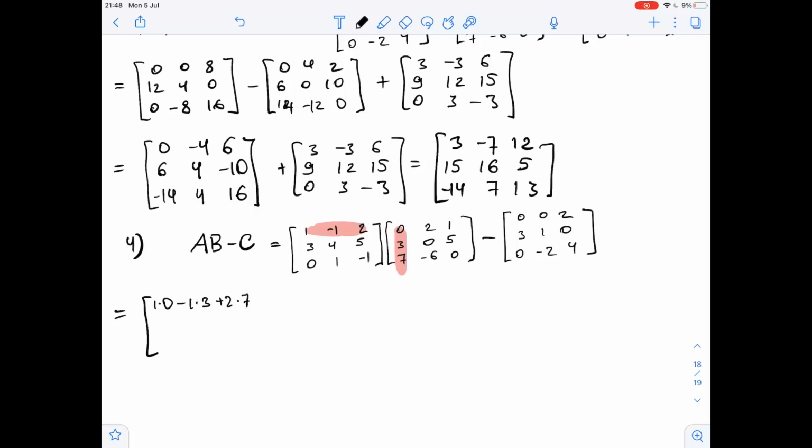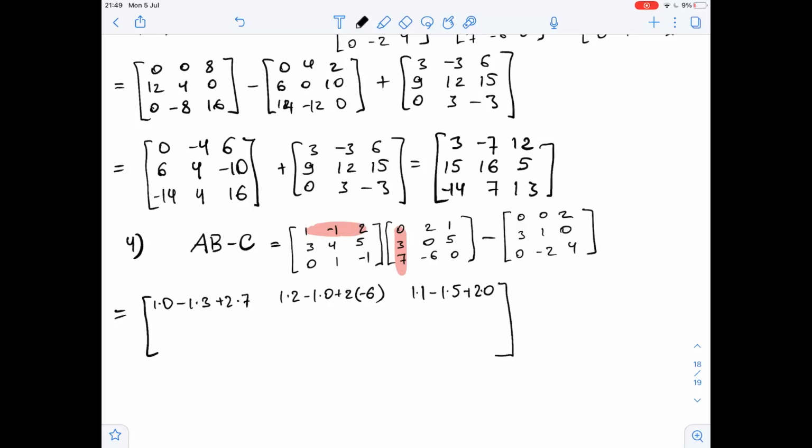Next entry is the dot product of the first row and second column. So it's 1 times 2 minus 1 times 0 plus 2 times negative 6. Next entry is the dot product of the first row and third column. 1 times 1 minus 1 times 5 plus 2 times 0.